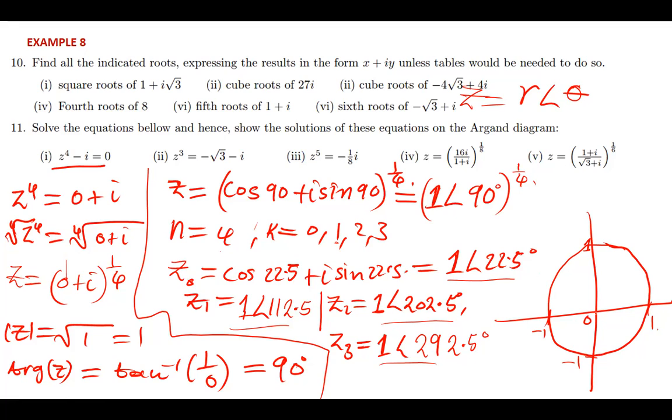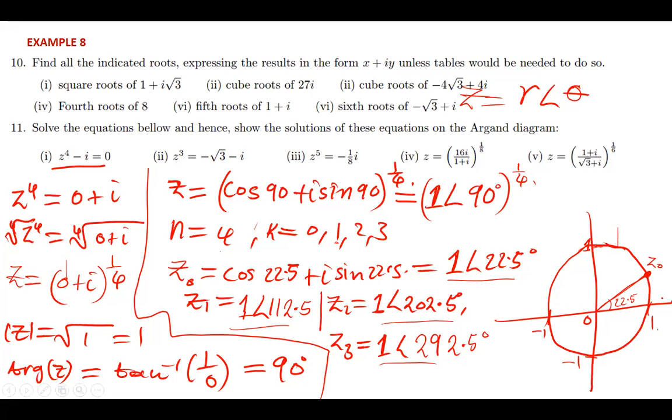So 22.5, let me approximate it to be there, but it's advisable to use a protractor. You can use a protractor if you want to be accurate and neat. So this is my Z0, so 22.5.